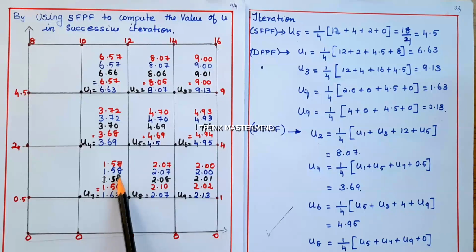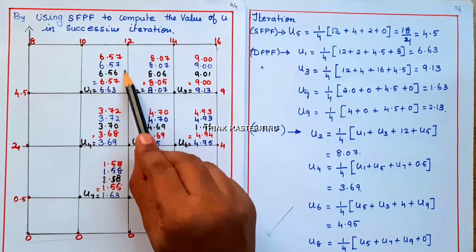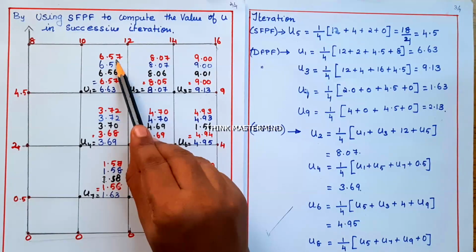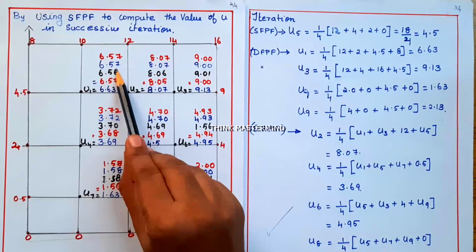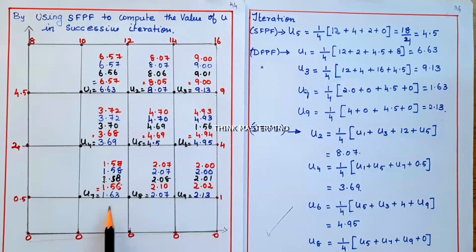At last, after the fourth iteration, up to 2 decimal places, it is the same as the third iteration. So u1 is equal to 6.57 and the previous iteration value is also 6.57. So we continue the process until we get the same values of u, that is, the u values have converged.